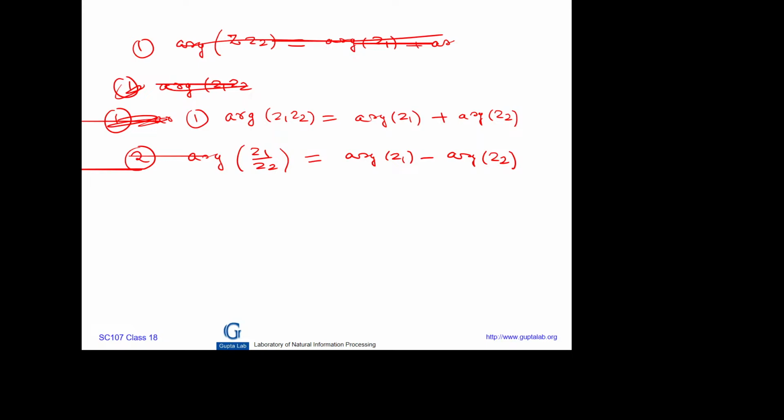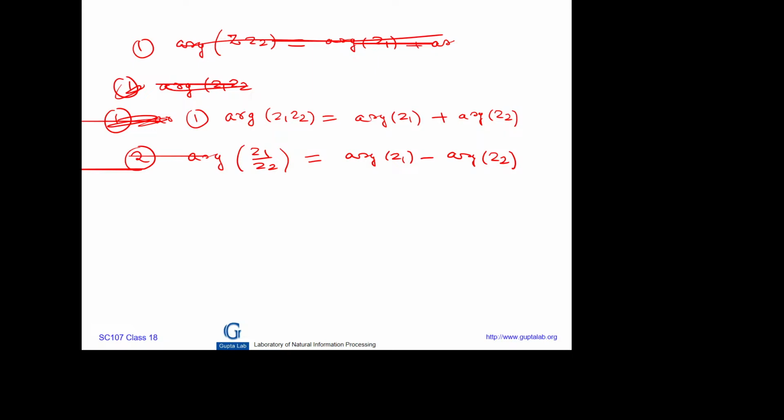So I think I will give you an exercise. Suppose z is equal to minus 2 divided by 1 plus root 3i. This is a complex number, so directly computing the argument is difficult. So what you can do, argument of z is equal to argument of minus 2 minus argument of 1 plus root 3i, right.